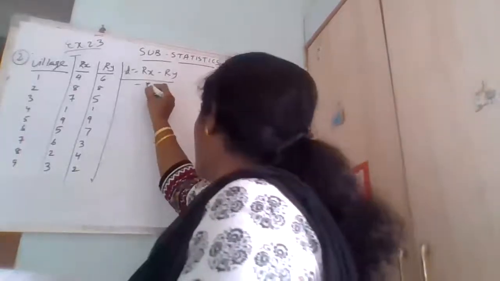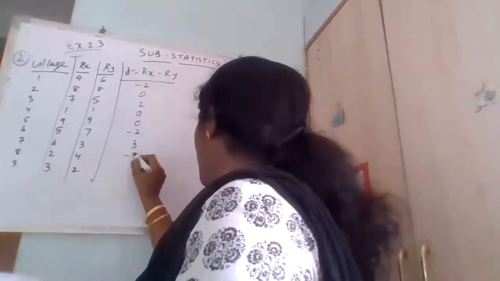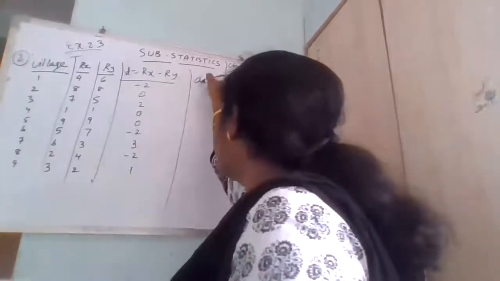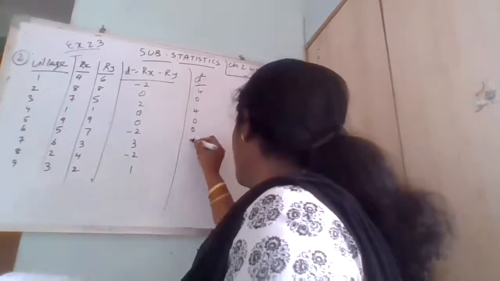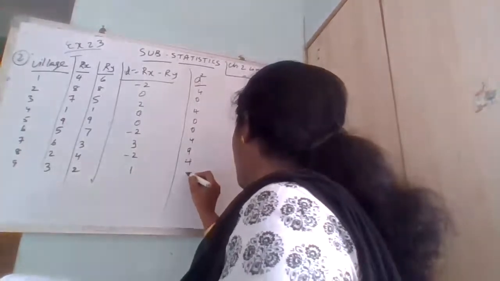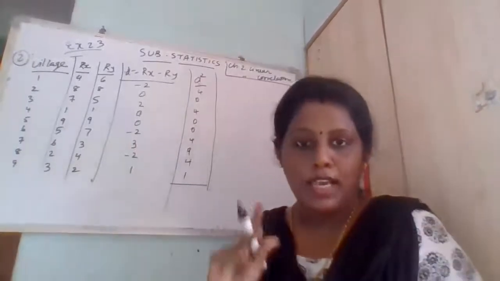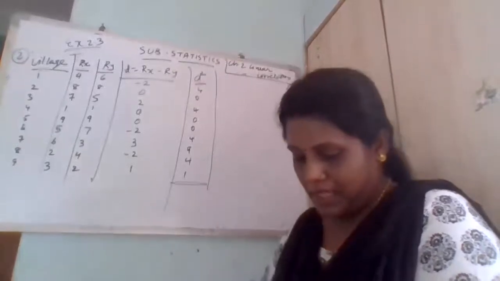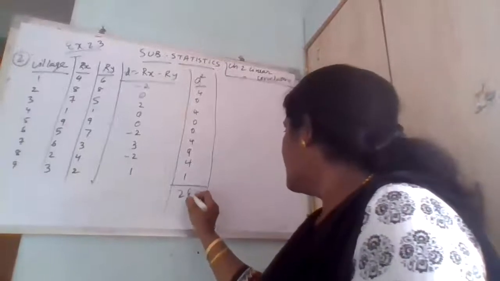So this is minus 2, 0, 0, 0, minus 2, 3, minus 2 and 1. Then D square, that is 4, 0, 4, 0, 4, 9, 4 and 1. 3 square is 9, not 6. Remember that. Then see the total. Total is 26.